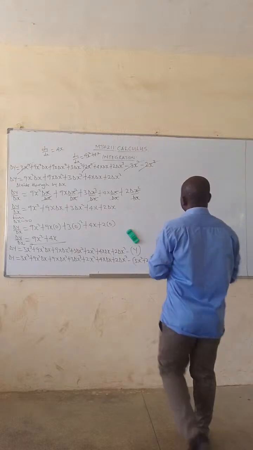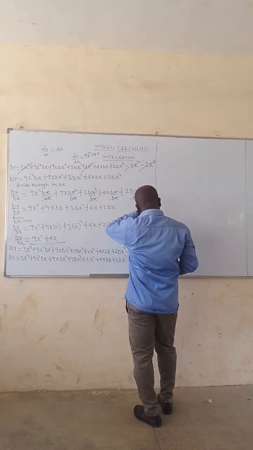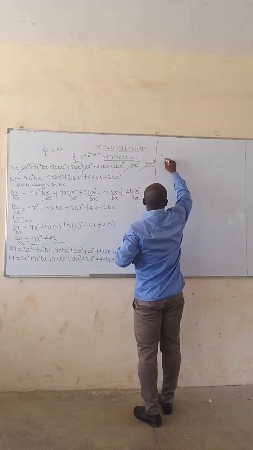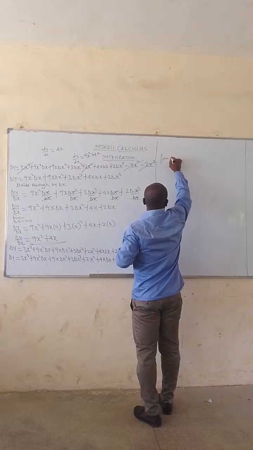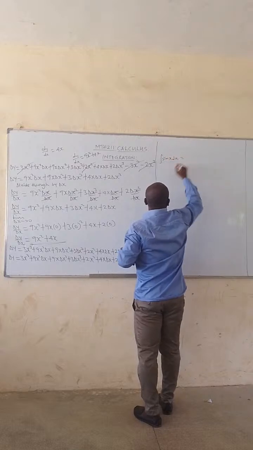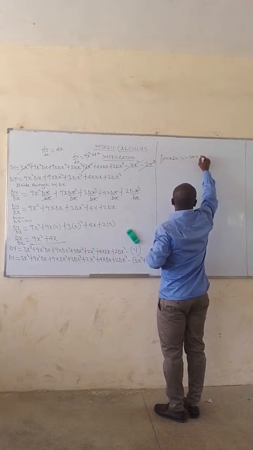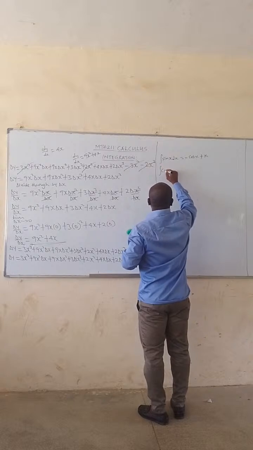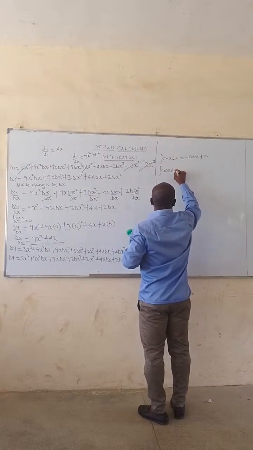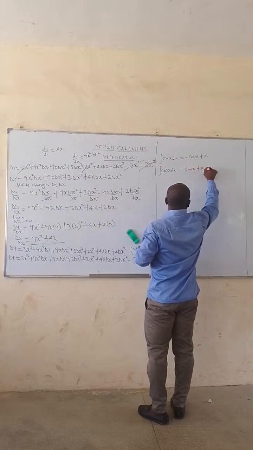In integration, we have to take note of this. Integral of sin x dx will definitely give us minus cos x plus the constant. Integral of cos x dx gives sin x plus the constant.